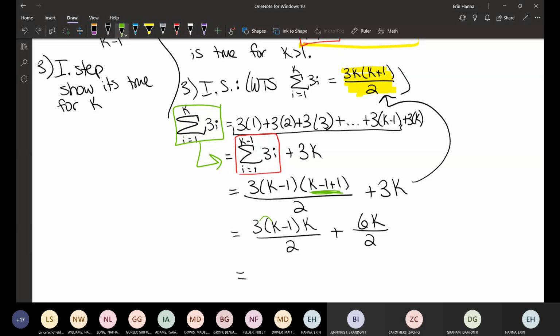Well, let me do this first. Let me distribute the 3 and distribute the k. Hopefully, I can distribute them at the same time and not freak anybody out, but tell me if it does. So we'll get 3k squared minus 3k over 2 plus 6k over 2.